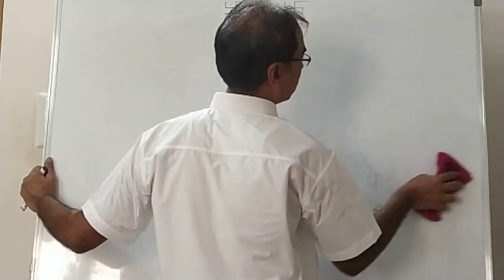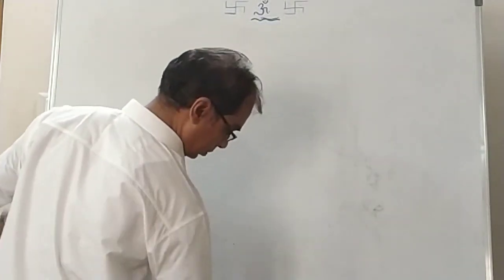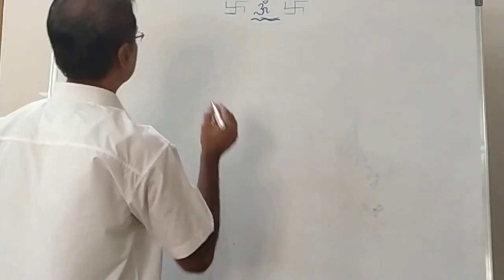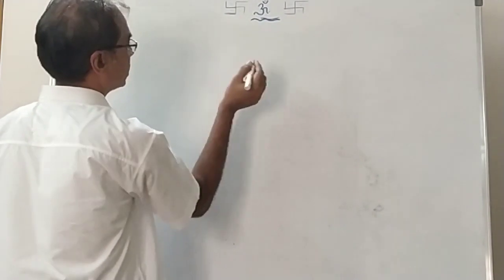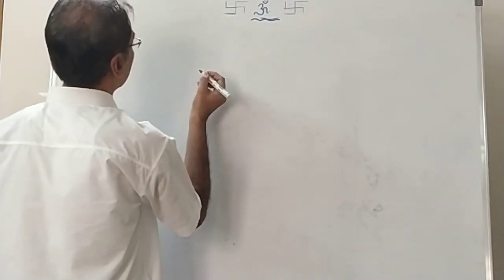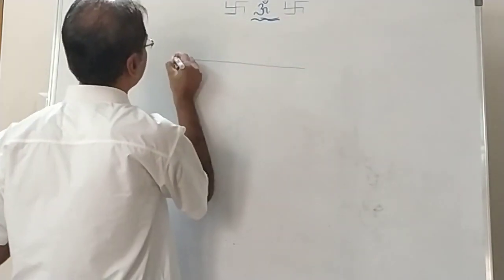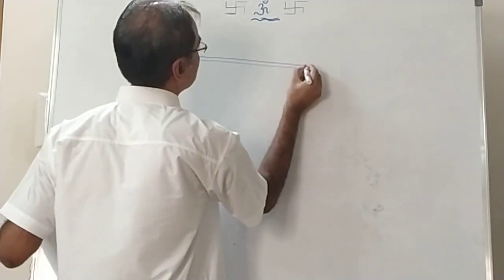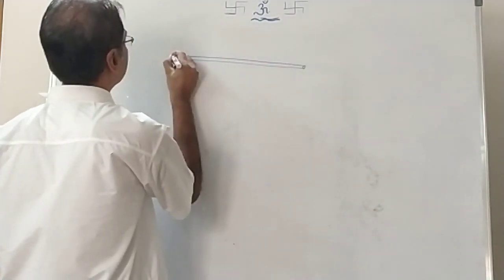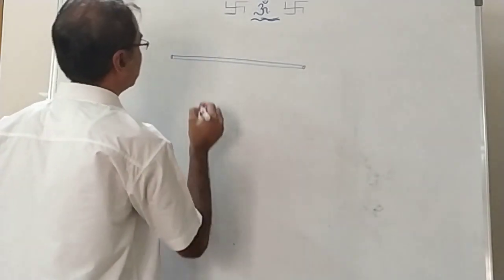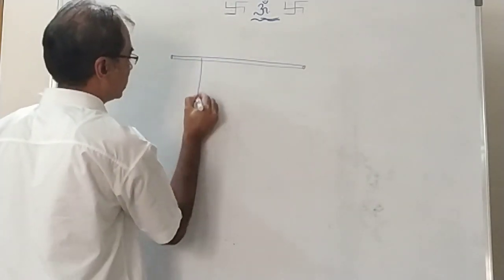Now in this question, there is one positive charge and one negative charge. Suppose there is one rod, and the charges are hanging like this.